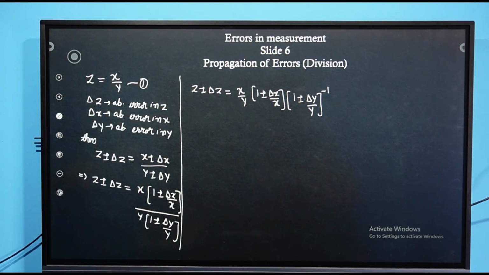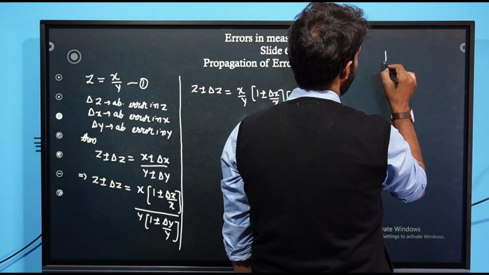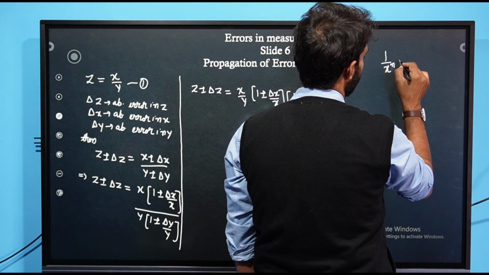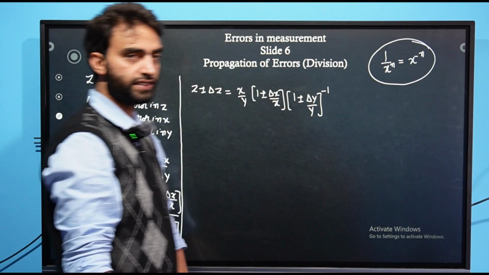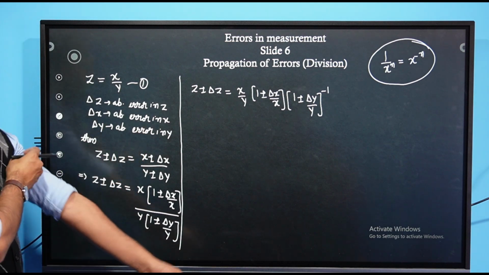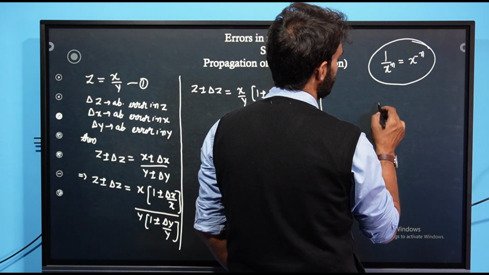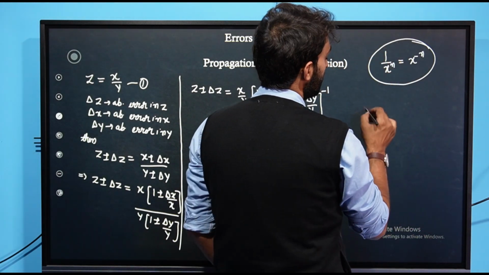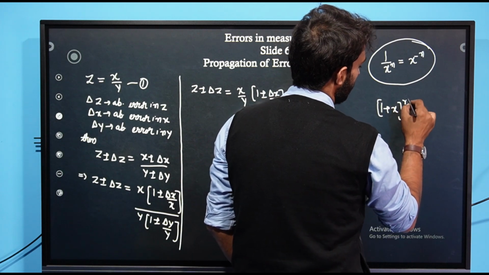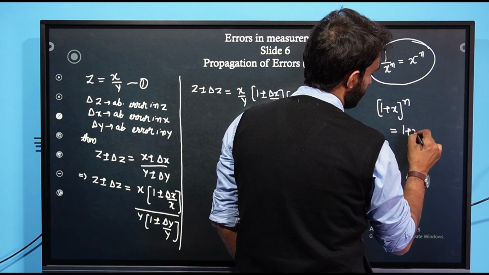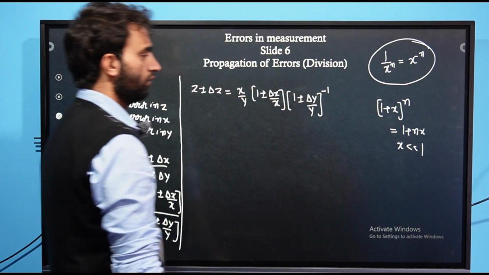Let me remind you what I did here. We know if we have 1 divided by x raised to power n, we can write it as x raised to power minus n. I have told you multiple times about this. Now we are going to use the binomial theorem, and I will remind you what we studied in binomial theorem after the approximation part. If we have 1 plus x raised to power n, that comes out to be 1 plus nx, provided x is very small compared to 1.